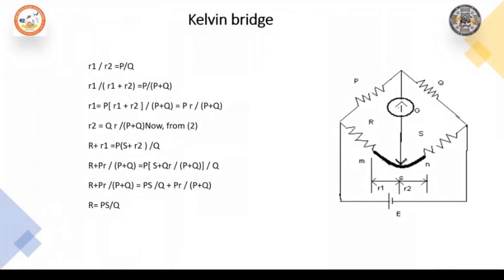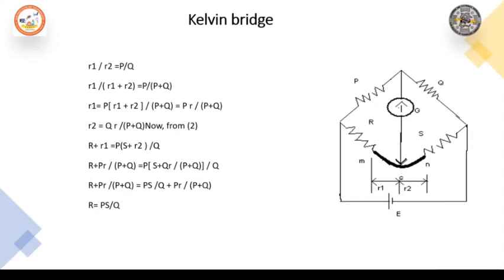Now we'll come to the measurement of low resistance using Kelvin's double bridge or Kelvin's bridge. In the Wheatstone bridge, the bridge contact and lead resistance cause significant error while measuring low resistances. Thus, for measuring resistance values below 1 ohm, a modified form of the Wheatstone bridge is used, known as Kelvin's bridge.